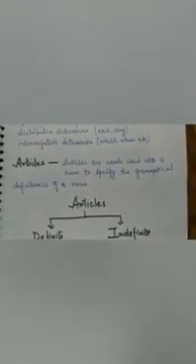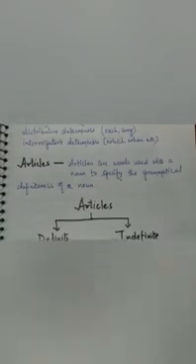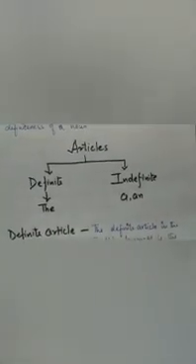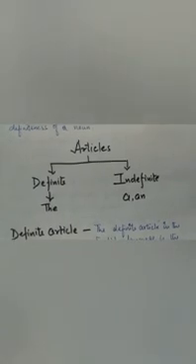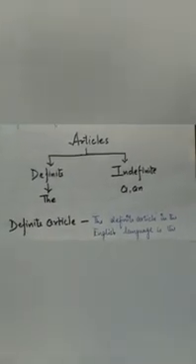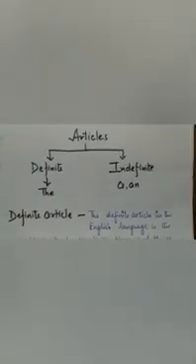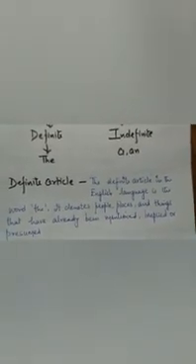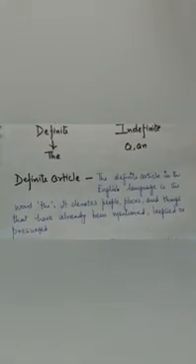Articles are words used with a noun to specify the grammatical definiteness of a noun. Articles are of two types, definite articles and indefinite articles. Let us see what are definite articles and what are indefinite articles. Here we have the definition of definite article. The definite article in the English language is the word the.